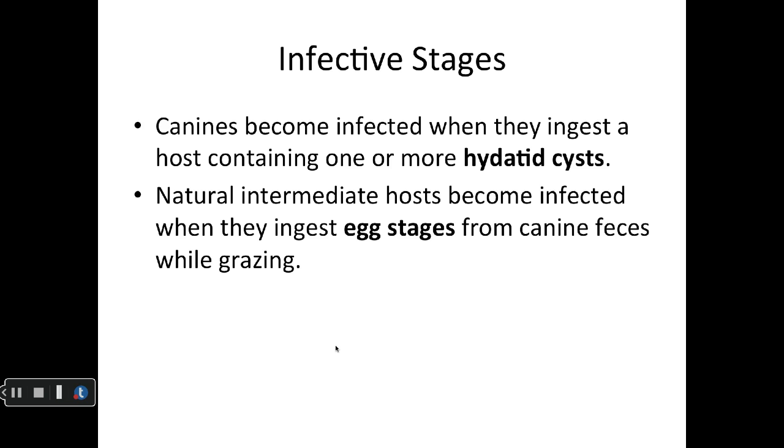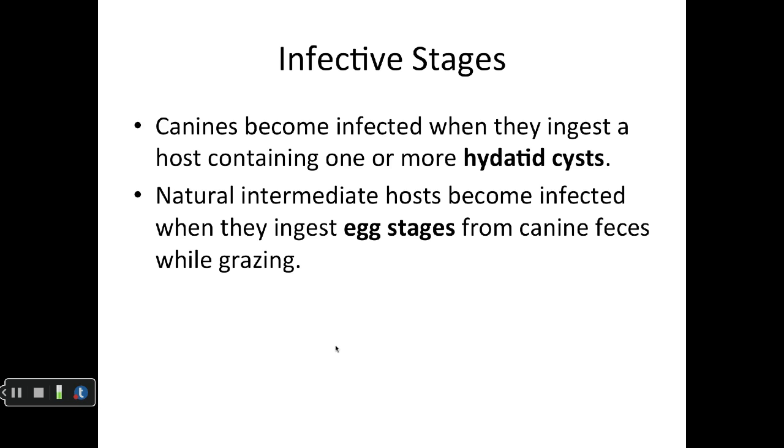So canines become infected when they ingest an intermediate host, again, one of a variety of mammals that actually is harboring one or more hydatid cysts. Their natural intermediate hosts become infected when they ingest egg stages from canine feces while grazing.